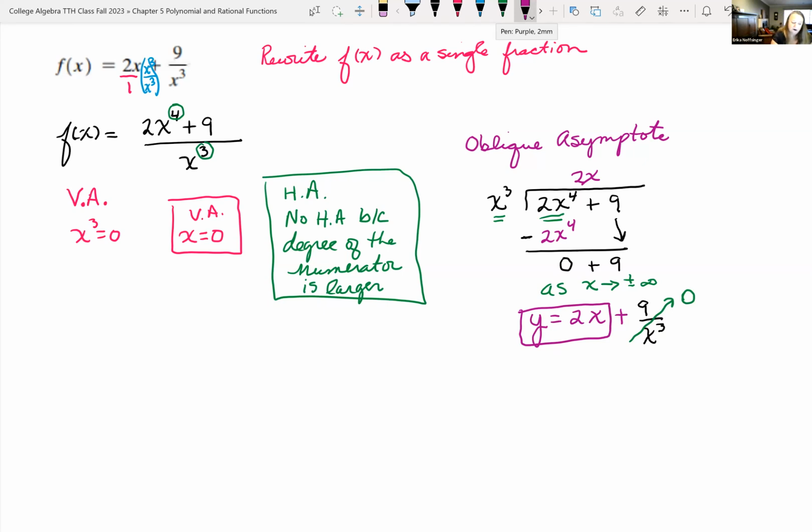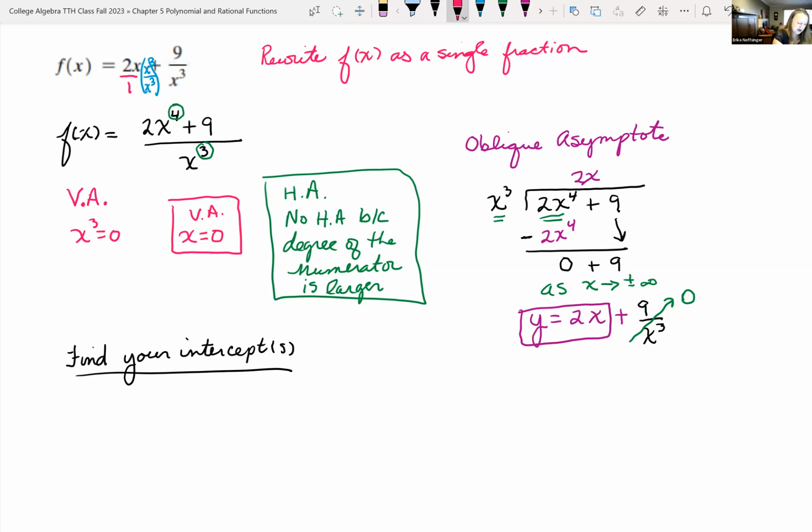Now looking for intercepts. If I'm looking for my x-intercept, I'm going to let my y value equal 0.